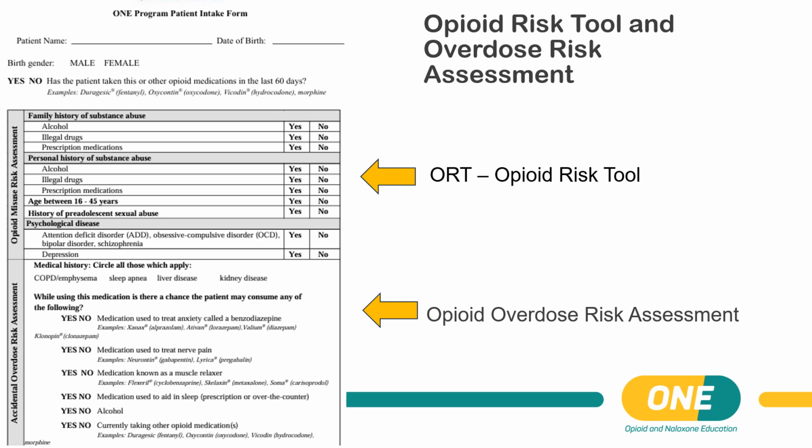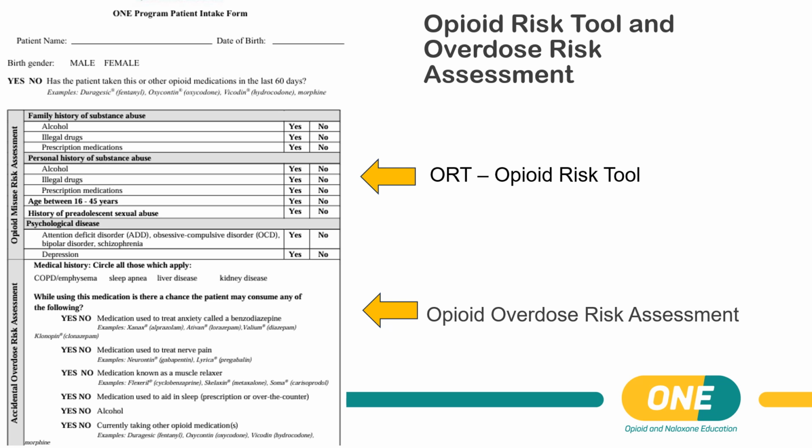The ORT is not a diagnostic tool, but rather a screening tool with a high level of sensitivity and specificity in predicting development of OUD in patients using opioid medications. The screening tool is intended to be used in patient populations prior to starting an opioid therapy for pain management and for patients continuing opioid therapy for pain management.